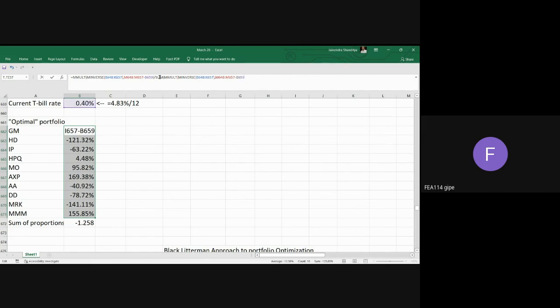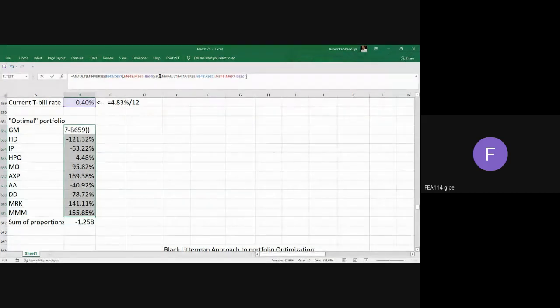Then I put two brackets, because I've done it in one step rather than calculating Z and then summing it.